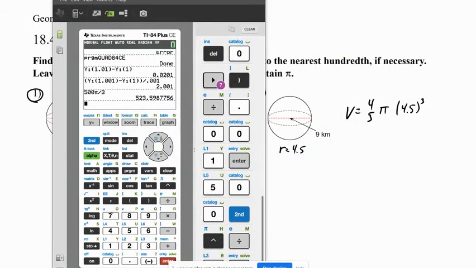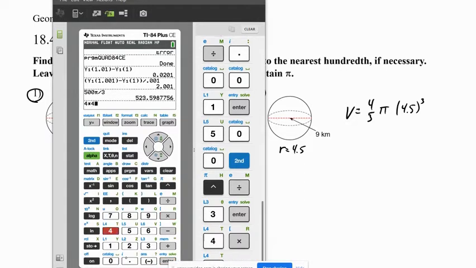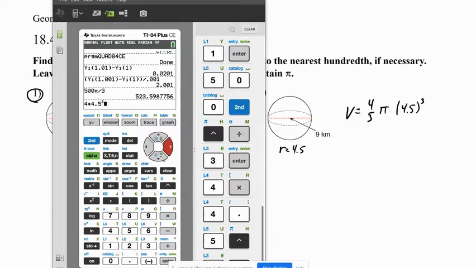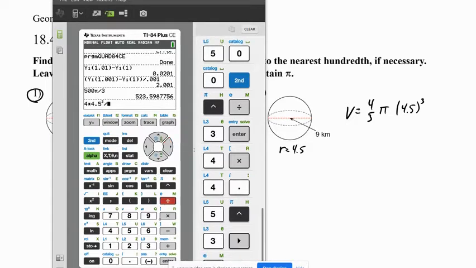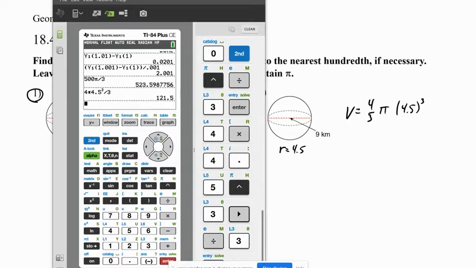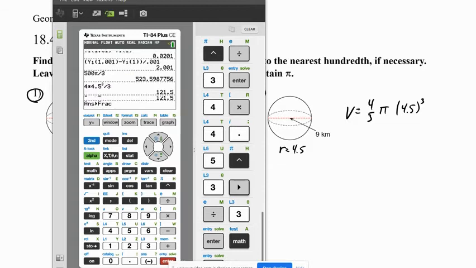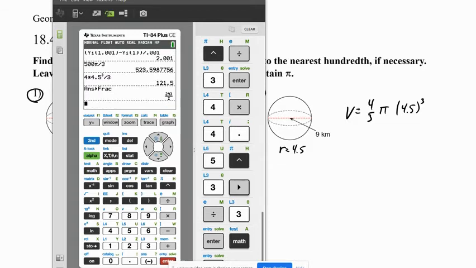And so we can type that all in except for the pi. So 4 times 4.5 cubed divided by 3. It gives us the decimal 121.5, which you can also do anytime you get a decimal answer. You can go to math frac, and it'll put that as a reduced fraction, 243 halves.